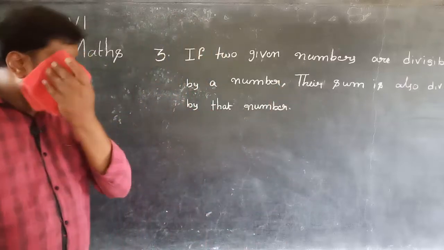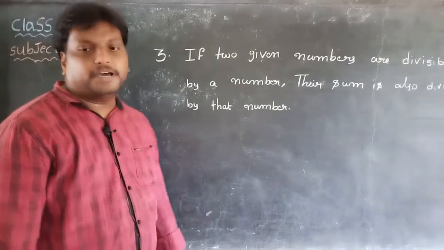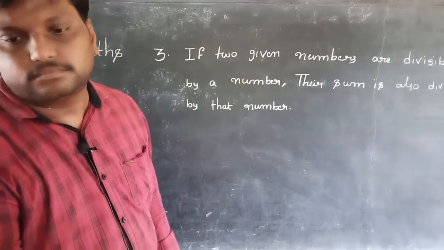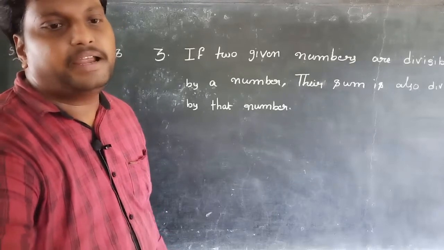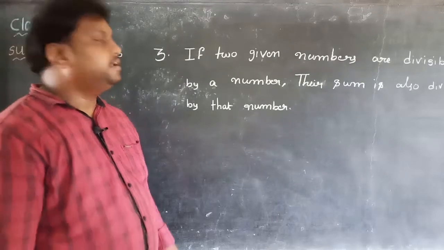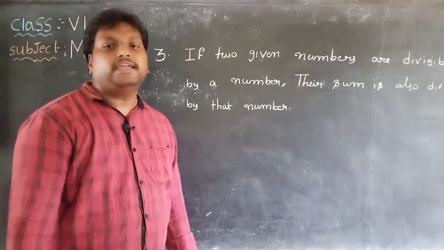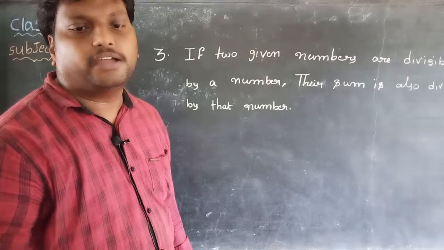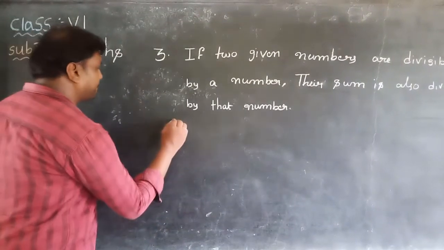What is the third rule? If two numbers are divisible by a particular number, the sum is also divisible by that particular number. The third rule, we'll take one example.